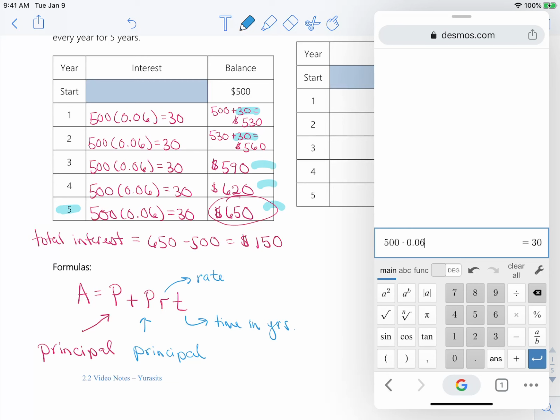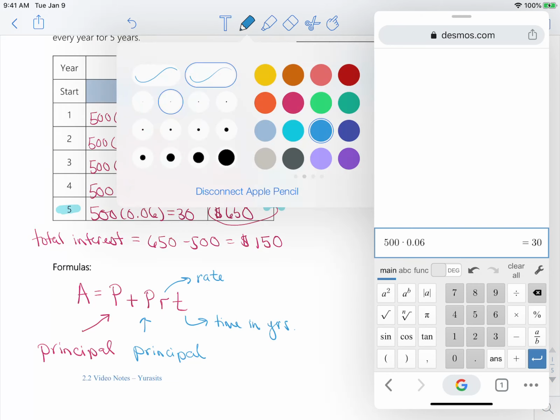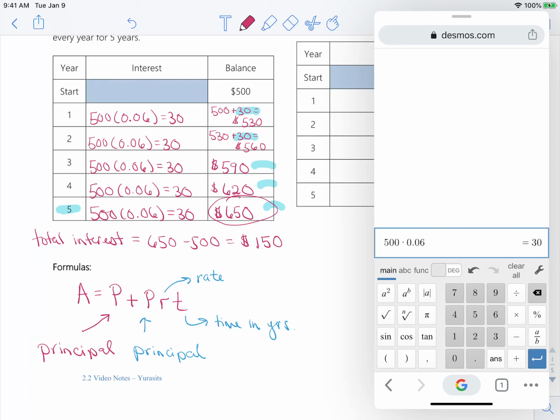So this would be way easier, so I don't have to fill out a table every single time. Say I want to figure out what it would be at year 5. I would do A equals, I start with my original amount, also known as my principal. I'll use that often in these notes, plus my principal times my rate times how many years I needed it for.